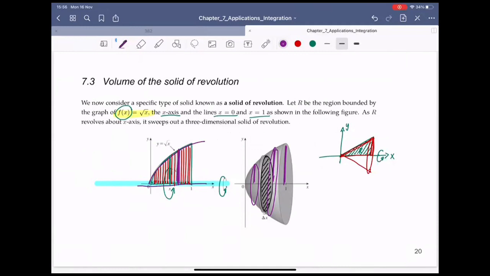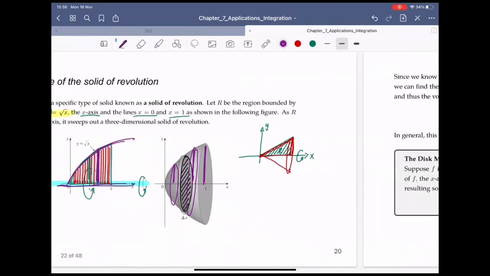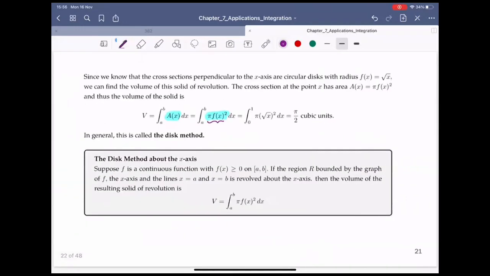So your r is just the function f. And for the previous question, I rotate the square root x, so my r is just square root x. Then I integrate from 0 to 1, and I get pi over 2. This is the volume of the solid of revolution.